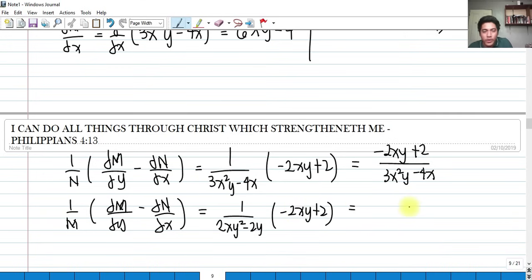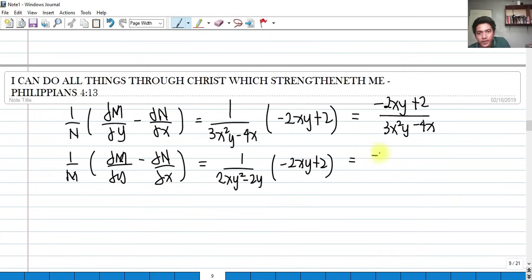So if we continue that, we have negative 2xy plus 2 over, here we can factor out negative y. If we factor out negative y here, we get minus y times 2x minus 2, such that we are able to cancel this.